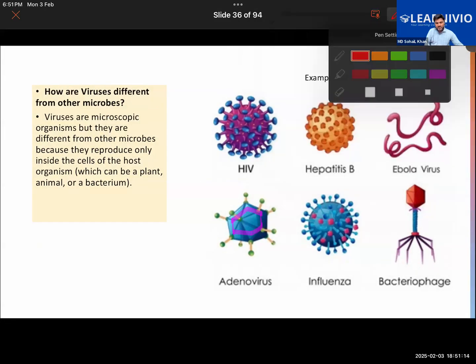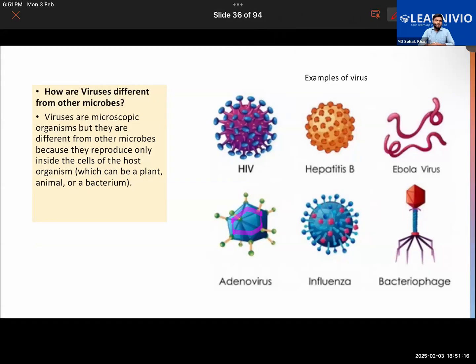Now, they are very different from other types of microorganisms. Can you tell me how viruses are different from other groups of microbes? They are inactive when they are outside a host's body. They are like non-living organisms when they are outside the host cell.